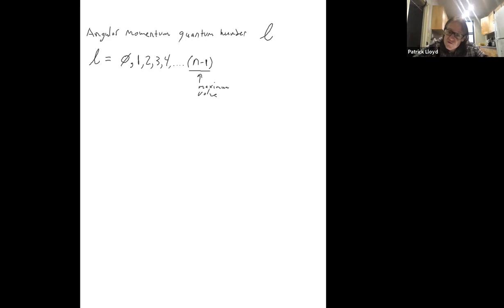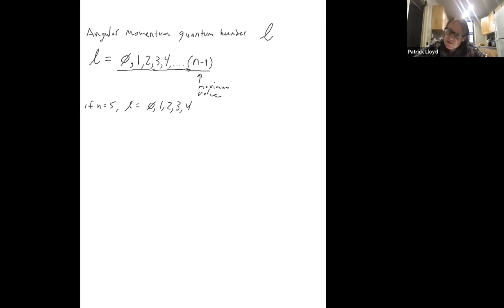So if n equals 5, the way we interpret this, L can be anything starting at 0 all the way up to n-1. It can be any of those values. So it could be 0 or 1 or 2 or 3 or 4. And then we would stop. Why?